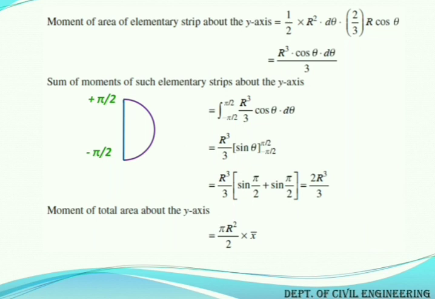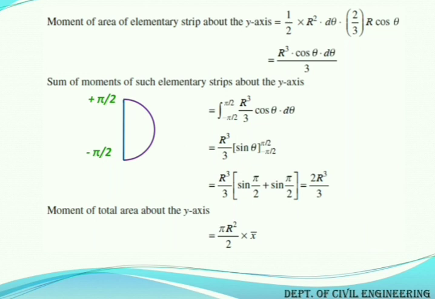Now with this limit, what we have to integrate? The moment of a single elemental area. So if we integrate with the upper limit as pi by 2 and the lower limit as minus pi by 2, we will get the moment caused by all such elemental strips in that semicircle.